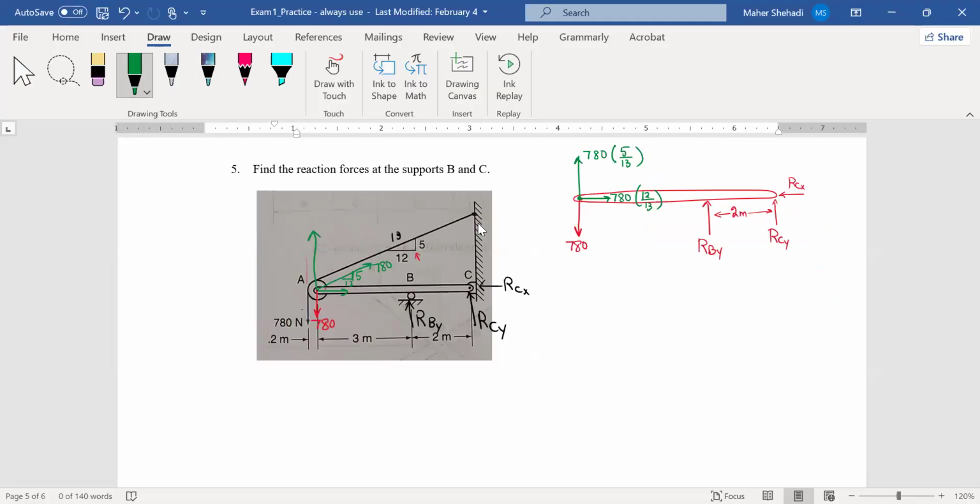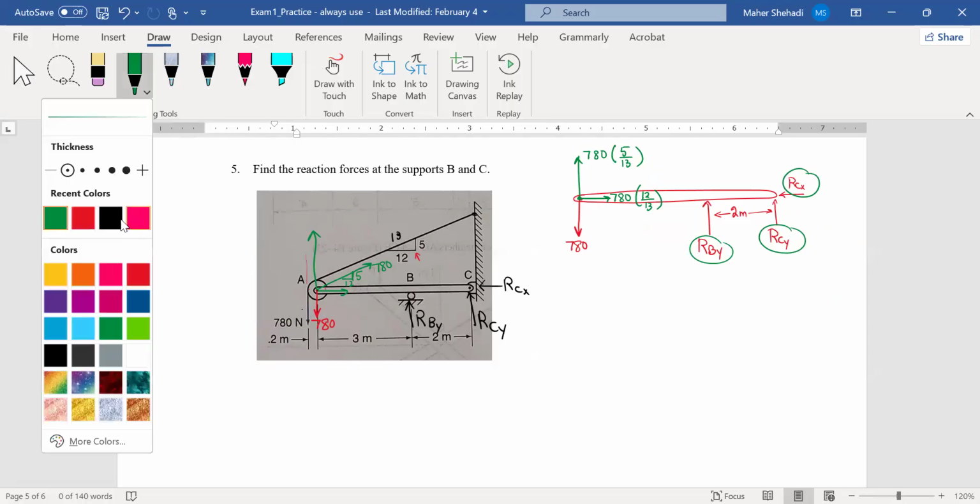I have how many unknowns? 1, 2, 3. So we'll start as we always do. We'll take the moment. Let's write here.